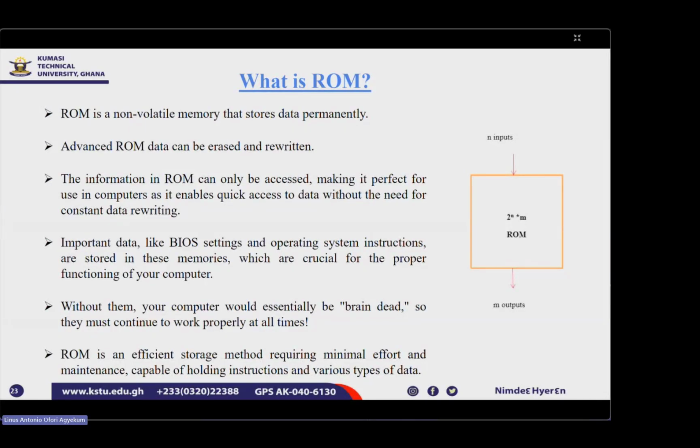Now, the ROM is an efficient storage method that needs minimum effort in maintaining it. And it is capable of holding different types of data. So the ROM would normally have multiple inputs and multiple outputs. So within the ROM, you would have several data being stored.